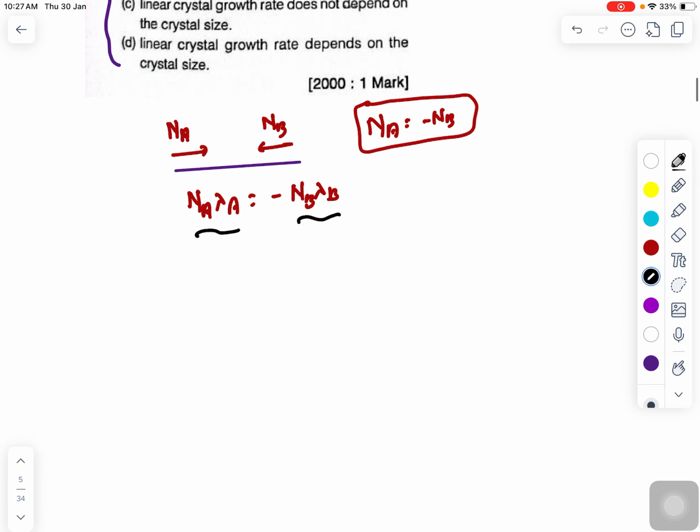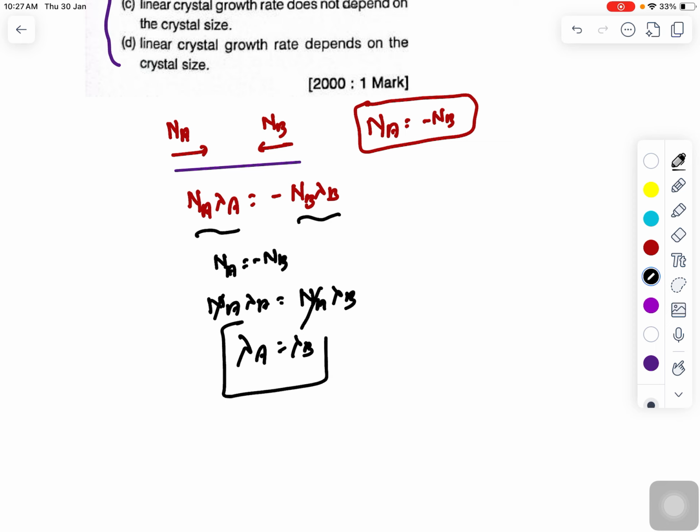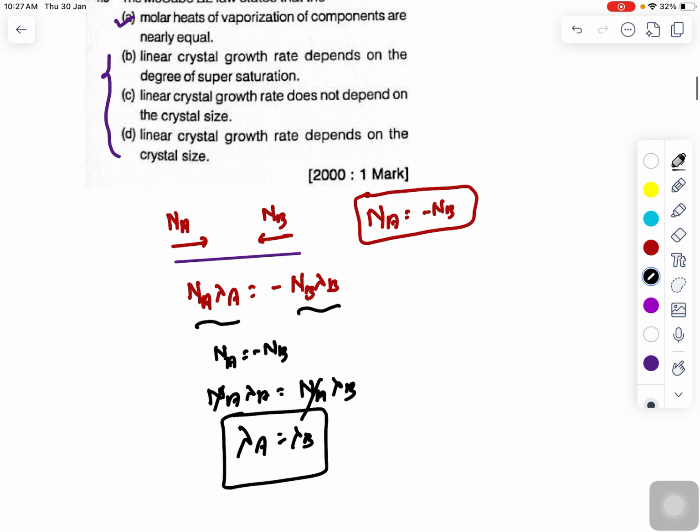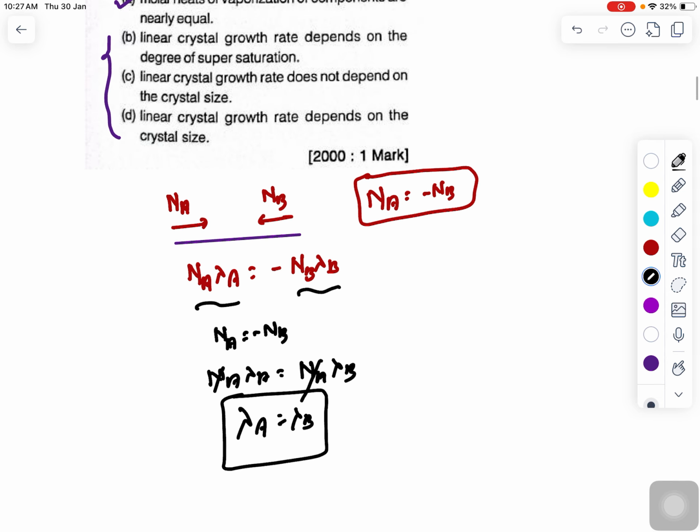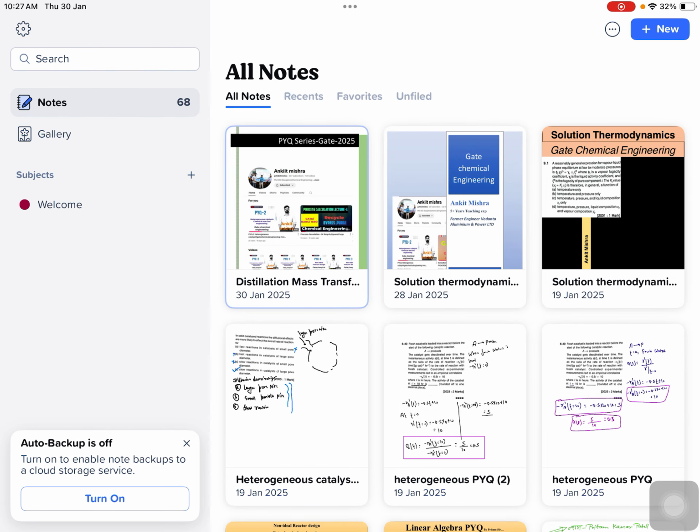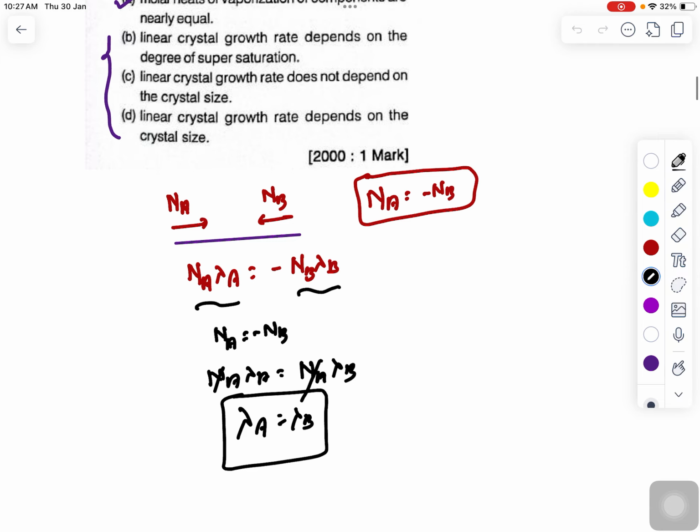Is that clear? If I substitute Na equals minus Nb, I can write Na lambda A equals Na lambda B. So Na will get cancelled out, and lambda A will equal lambda B, meaning the molar latent heat of vaporization of the components will be equal. So this is the fundamental concept of the McCabe-Thiele diagram, and from here this concept arises.